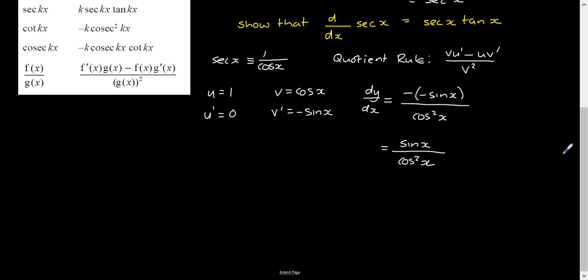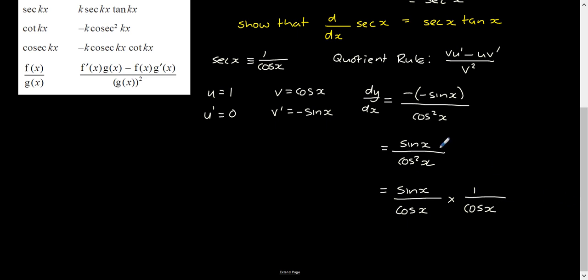And the next step isn't massively intuitive, but it's a pattern that you need to be able to spot. This is also a skill that you need when you're simplifying trig identities. So let's look at sine x over cos squared x. I could split this up into two fractions, the product of two fractions in fact. So sine x over cos x multiplied by 1 over cos x.